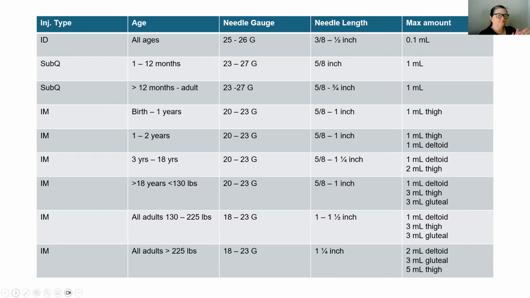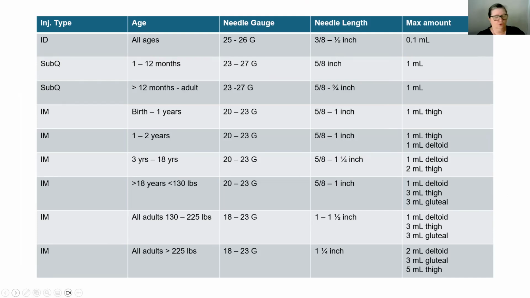Okay, here is a chart that I made. You can screenshot this or whatever you want to do. This is very typical of the gauges, the lengths, things like that. Okay, now I want to talk real quick about needle length.